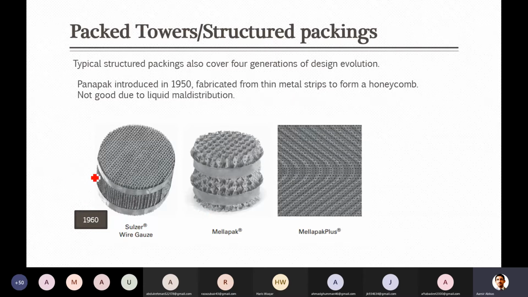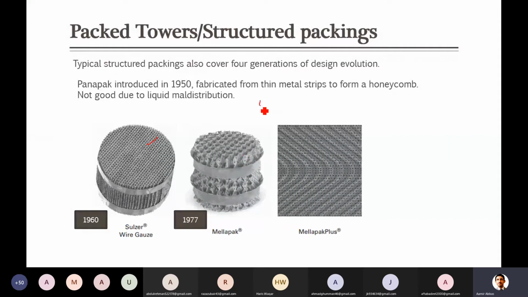So they were used, but with the passage of time, in 1977, some companies introduced Mellapak, which was made not of wire but of metal strips. If you observe it closely, you can see some metal strips here.